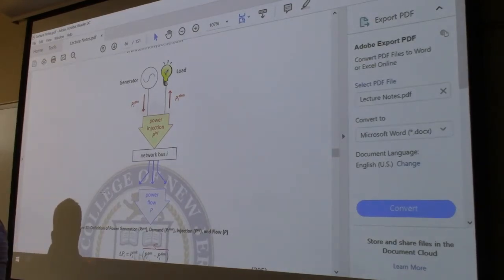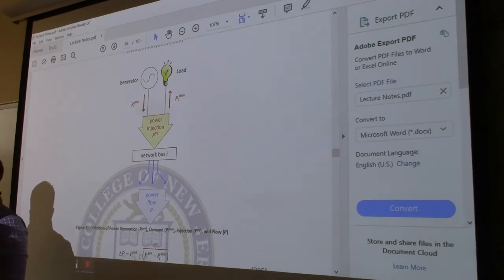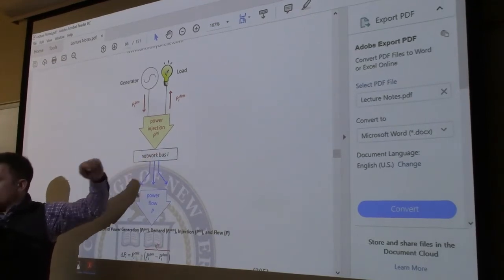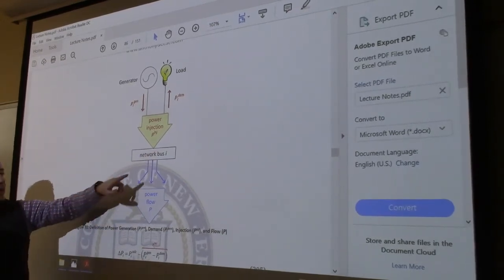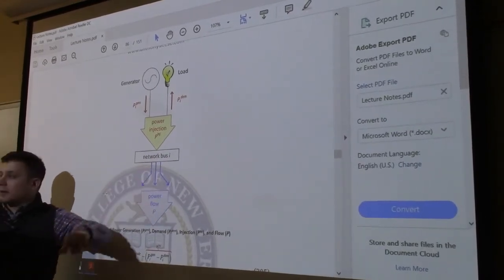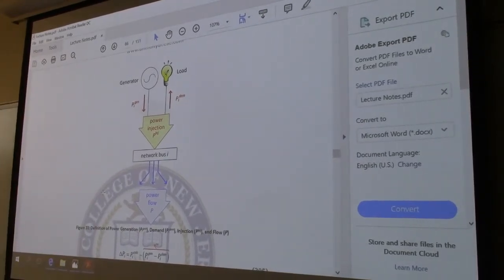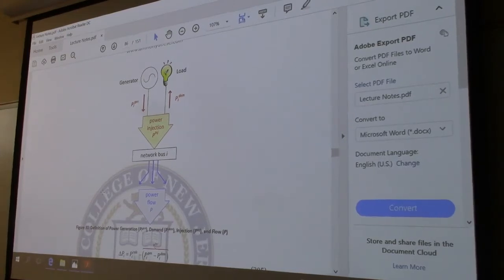So you could even be told for bus number 2, you have a P generation of 2 megawatts and you have a demand of 0.5 megawatts. Okay? What is the scheduled flow? It'll be 2 minus 0.5, and the net difference will be 1.5. So that'll be the scheduled value that you'll use. And that should be equal to the calculated flow along all the different lines summed together. All right, so the mismatches.